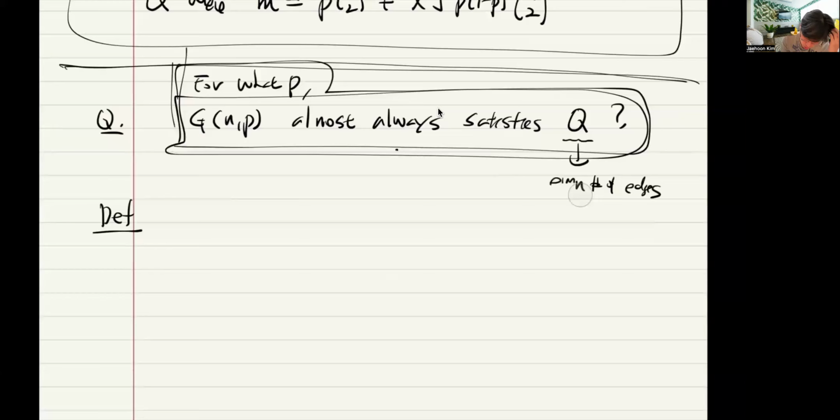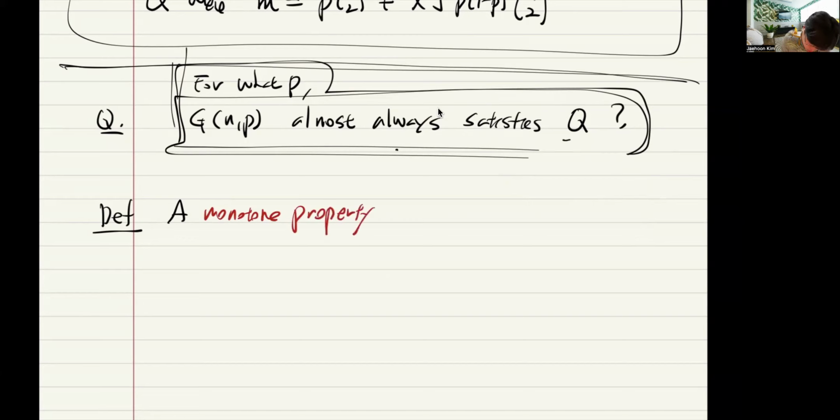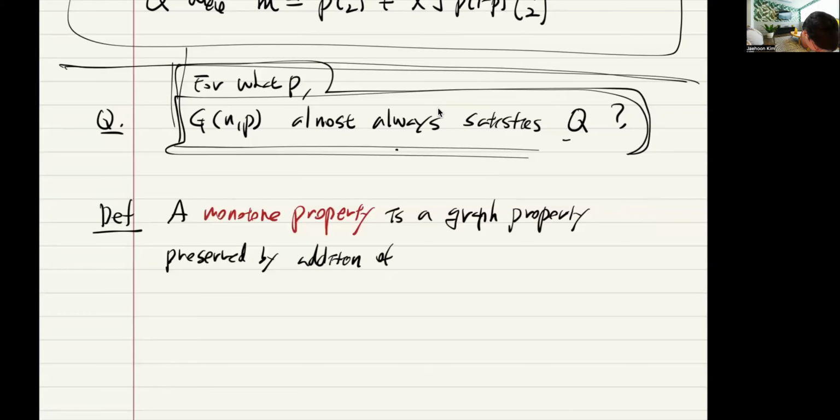So we want to focus on a more natural and more interesting property for this random graph model, which is the monotone property. A monotone property is a graph property which is preserved by addition of edges.